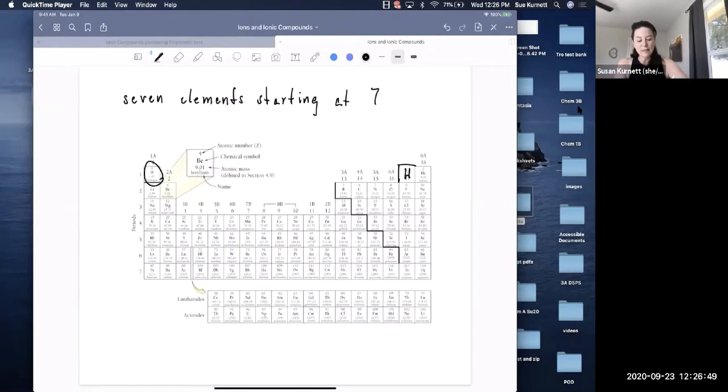They make a 7. Kind of a funky looking 7, but you can see it, right? Those elements exist diatomically. So the nitrogen in the air we're breathing is N2. Oxygen in the air, which is a component of air that's important to us, O2. These elements are diatomic, and we need to know that.